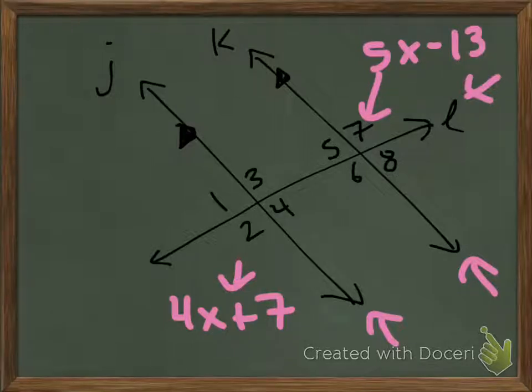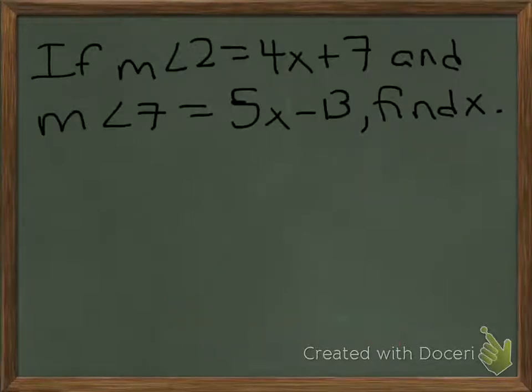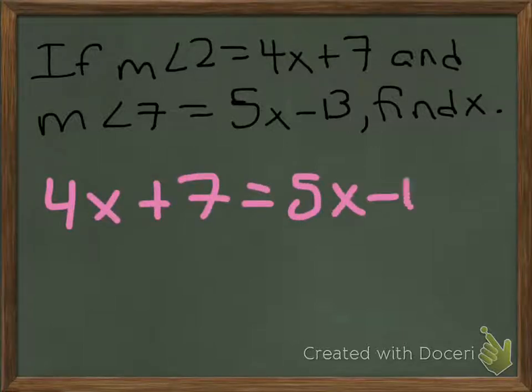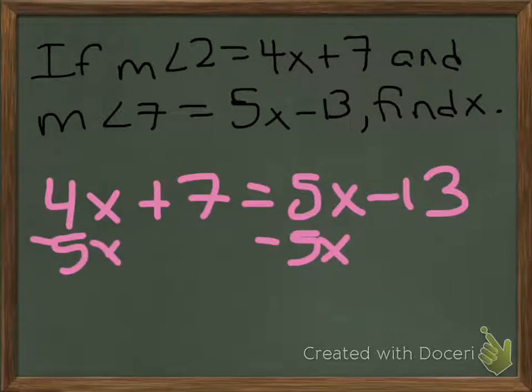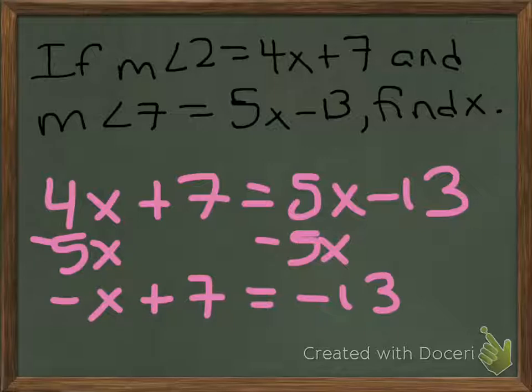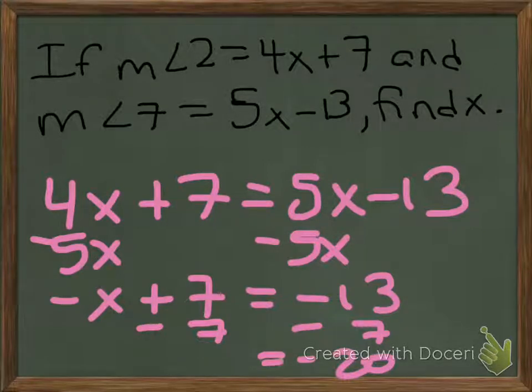Alternate exterior angles would be equal. To solve for x, we need to set them equal to each other. So 4x plus 7 equals 5x minus 13. So x would be 20.